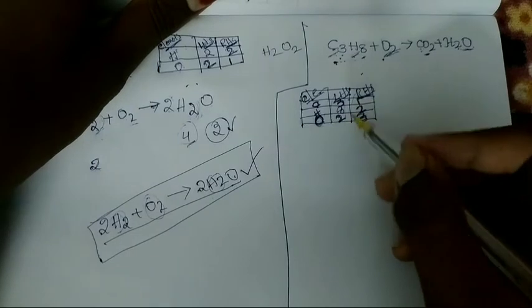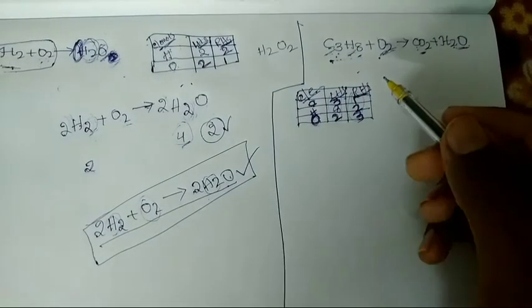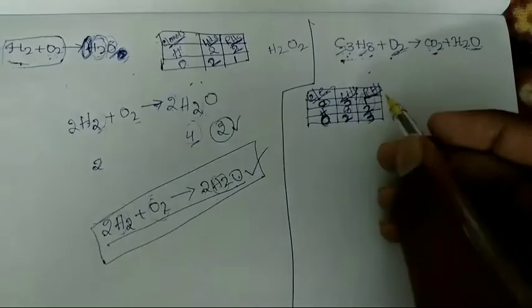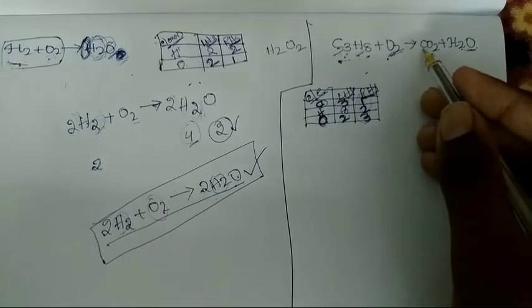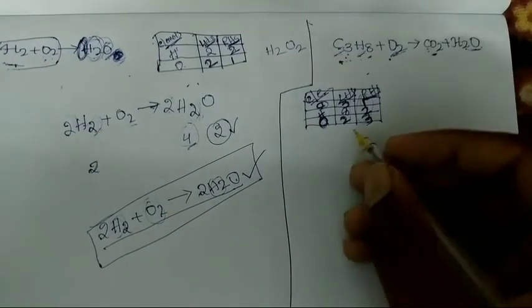All are not balanced. We should balance all those things first. Okay, first we shall balance carbon. See, here we can get only 1 carbon, but here 3 carbons.